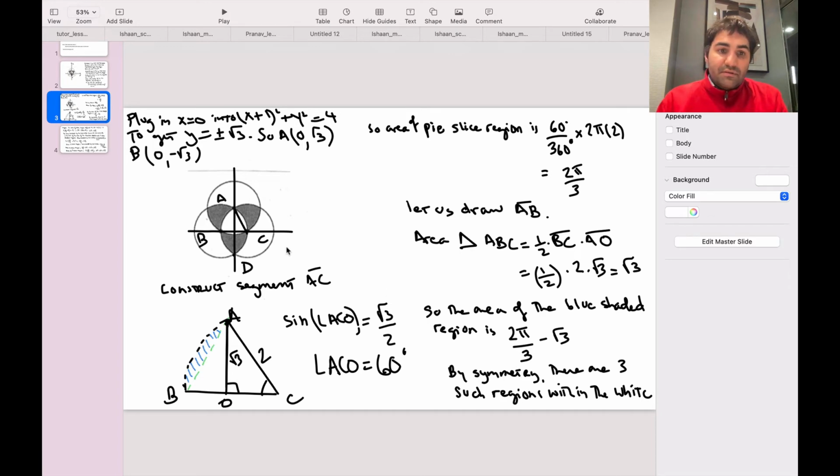So if we look, there's actually 3 of these types of regions, these little things that are shaded in blue within the entire white region.